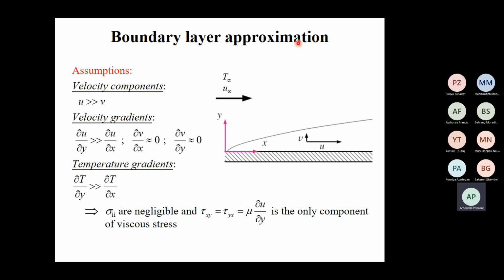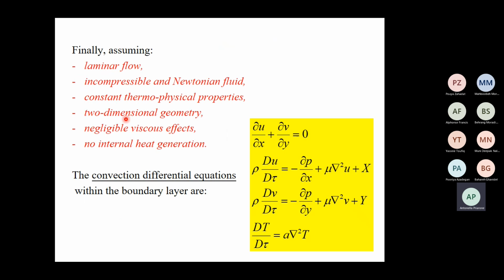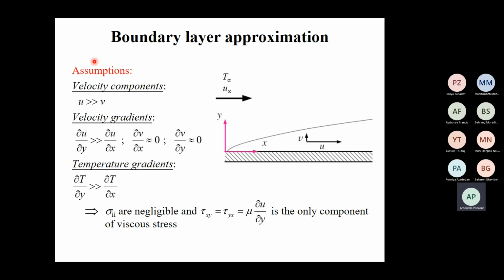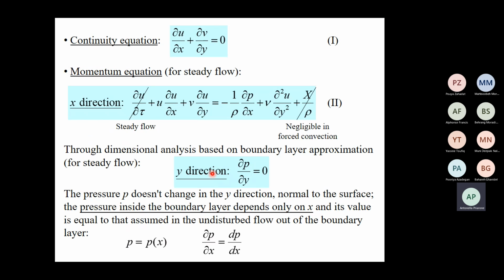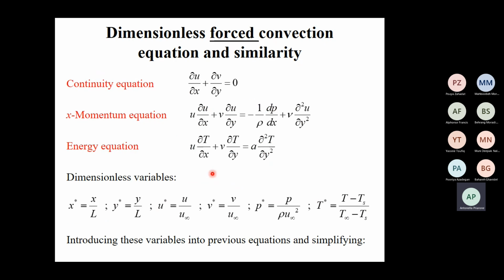The boundary layer approximations allow us to simplify greatly the continuity, momentum, and energy equations. By means of the boundary layer approximation, we can finally find a formulation for the continuity, momentum, and energy equations more simple to be used and to be solved.